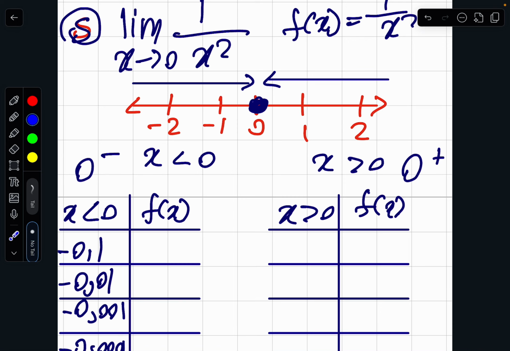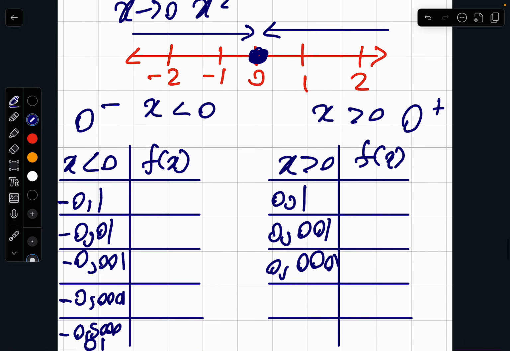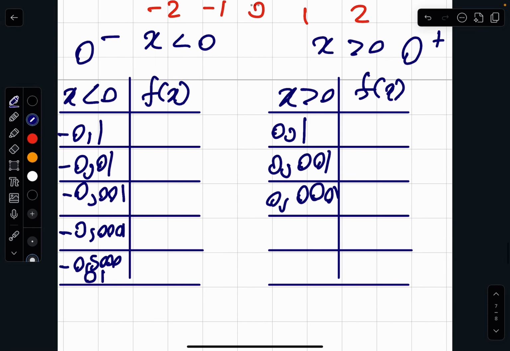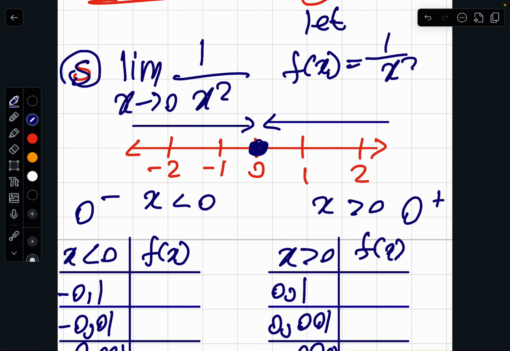Meaning we are going to have 0.1, 0.01, 0.001, and so on. Therefore, you're going to substitute these values of x here now.